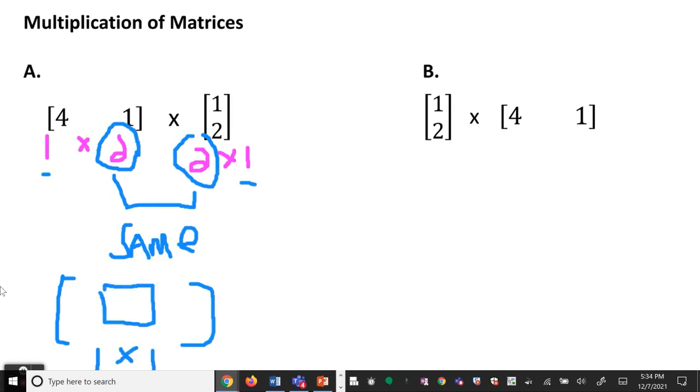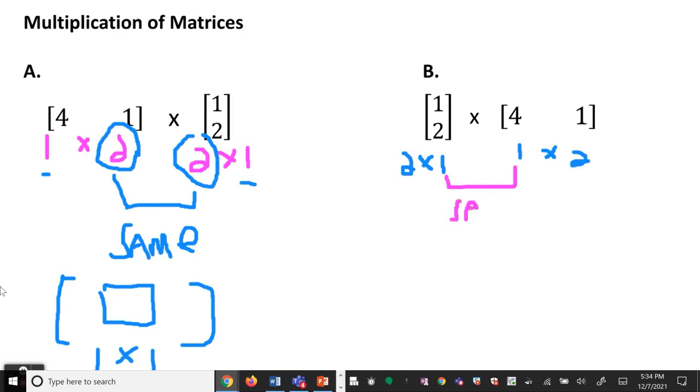And I think we'll be able to work them out here in a second. If we reverse them, then this one here is 2 rows, 1 column. This is 1 by 2. Can we multiply them? We're going to look at the inside numbers here. They are the same.